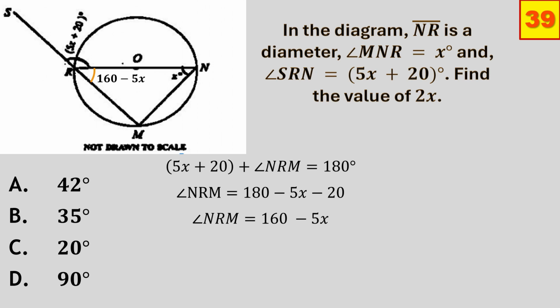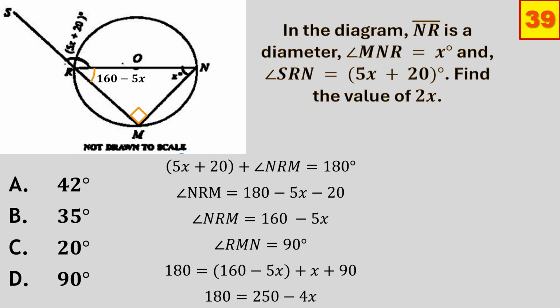Angle RMN is 90 degrees because the angle from both sides of the diameter to any point on the circumference is always 90 degrees. Finally, the sum of all the angles in a triangle is 180 degrees. 160 plus 90 is 250, and minus 5x plus x is minus 4x.